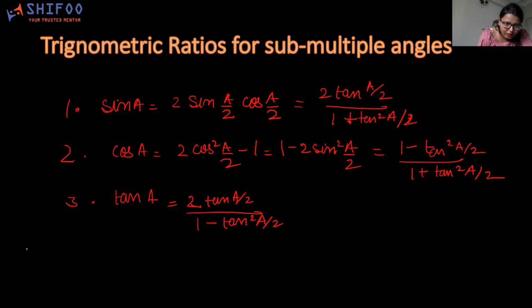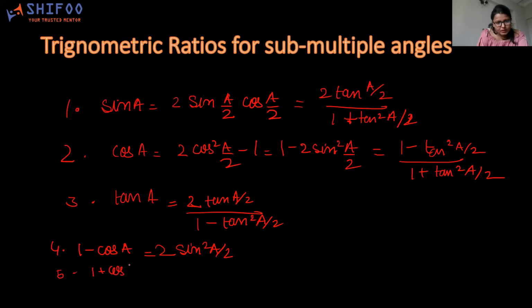Okay, then we can discuss a few more formulas. Fourth one I'll mention: 1 minus cos A. That means 1 minus cos 2 theta was what? 2 sin square theta. If you derive from the previous formula, it will be 2 sin square A by 2 here. Then fifth is 1 plus cos A, that is 2 cos square A by 2.